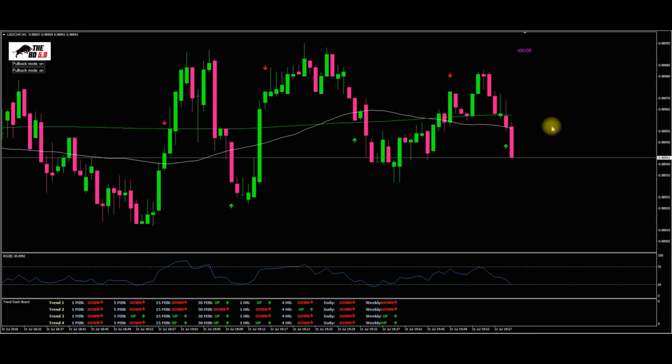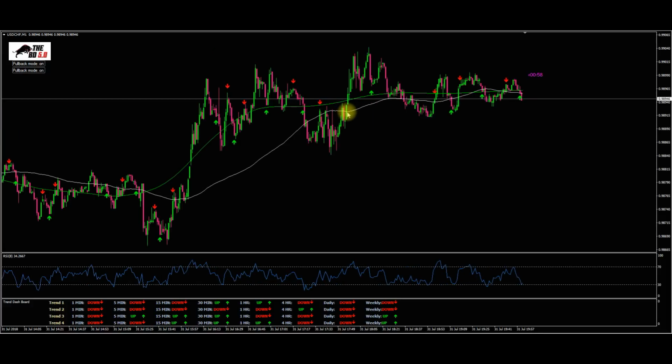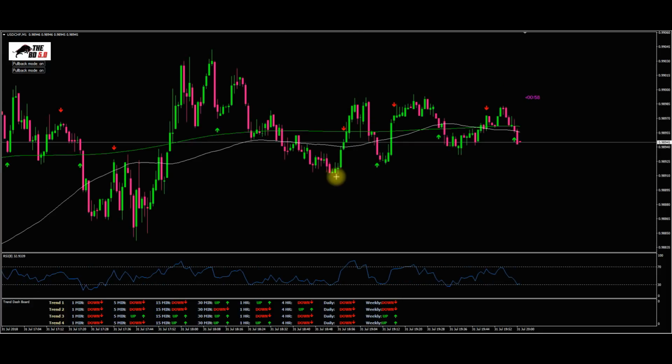USD CHF's dropping quite hard, but it's stuck in a range. Can you see that? It's stuck in a kind of wedge triangle. Can you see that?